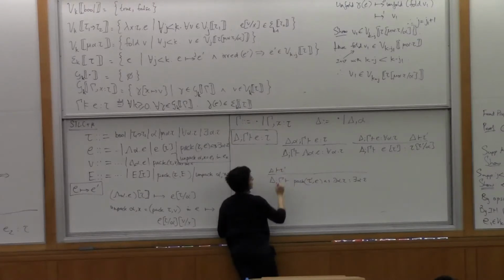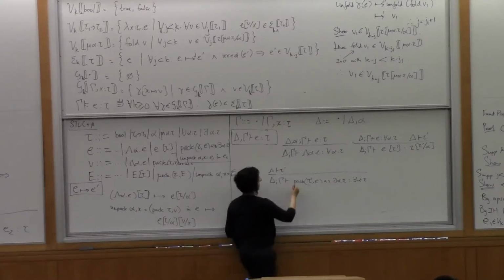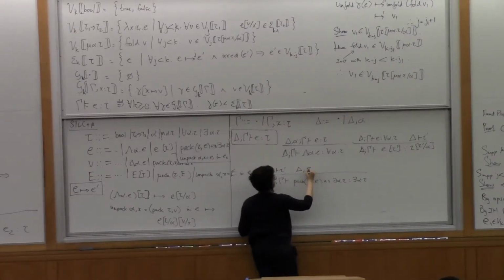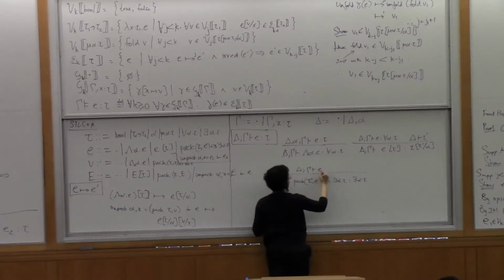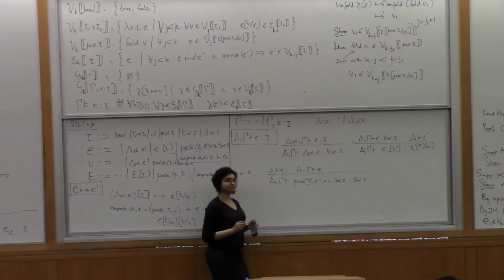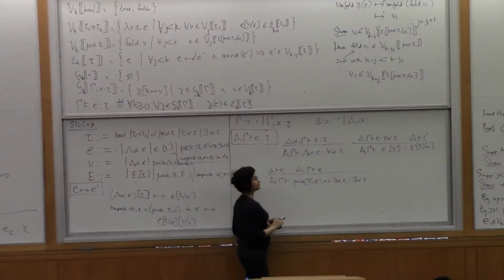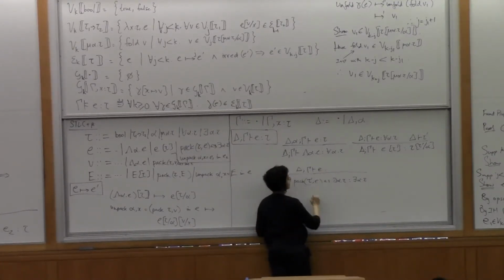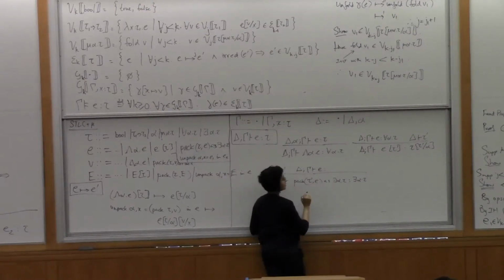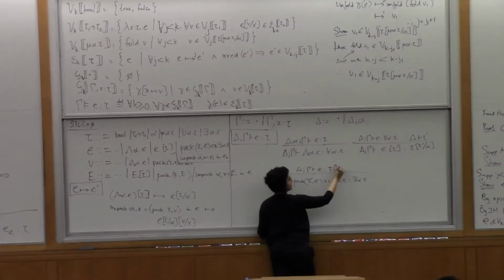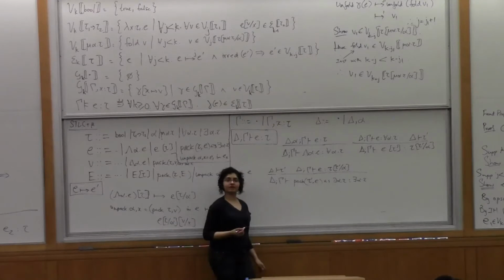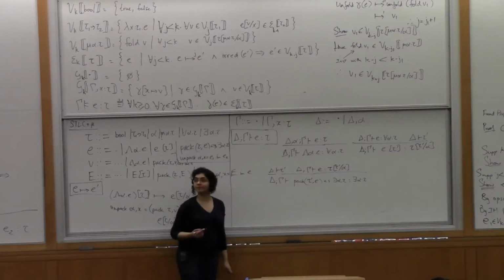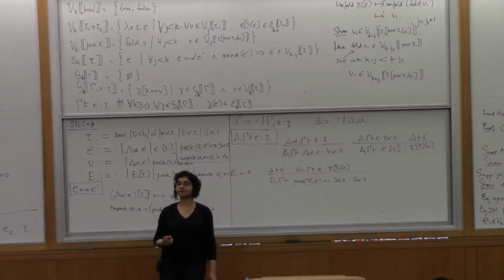Okay, if tau prime is well formed under delta, right, and E has what type? E has to have type tau with tau prime for alpha. Right?